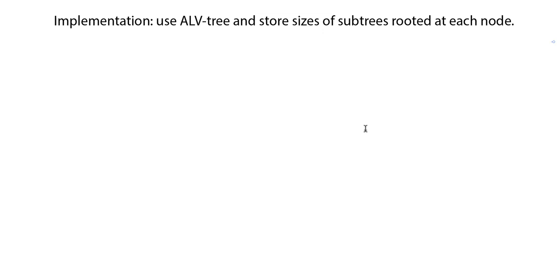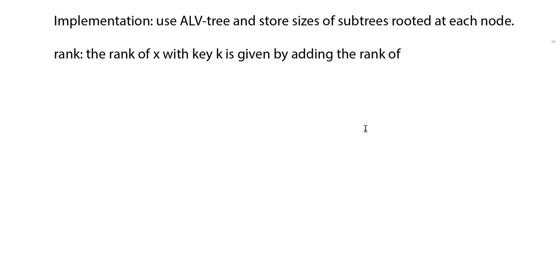So if we do this, what do we see? Well, for rank, the rank of, let's say, some node X with the key K, this is given by adding the rank of the left subtree plus 1.